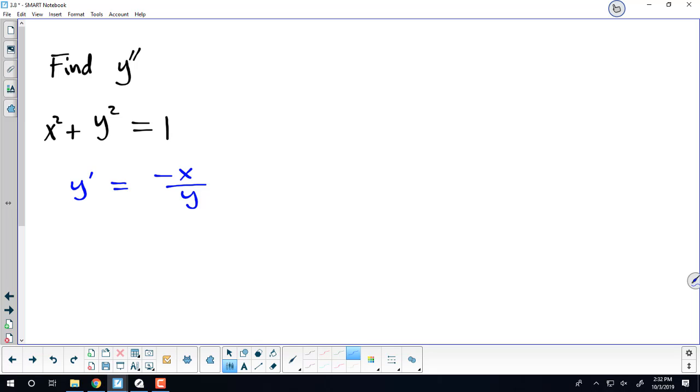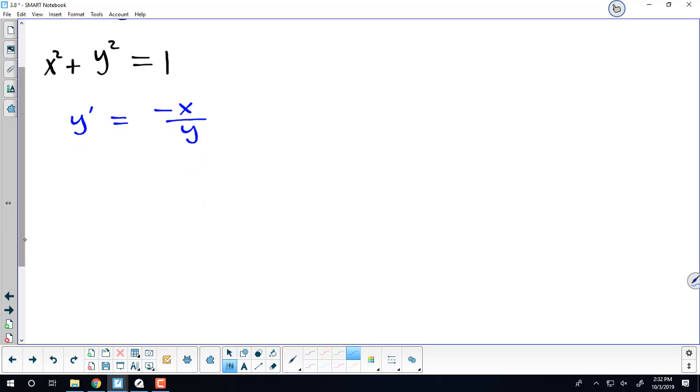So to take the second derivative, what do we need to do? Implicitly differentiate the first derivative. Yeah, take the derivative implicitly of the first derivative, and the first derivative consists of what? What rule? Quotient, yeah. So you've got to use the quotient rule to take the second derivative.